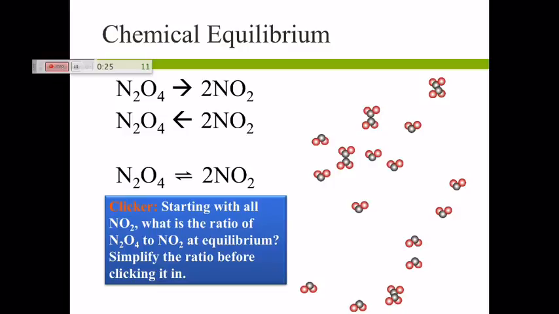So this one we started with all NO2. What do we get? Anyone could click it in? So based on the way that this reaction's written, what is our K? Alex, what's our K? What's our KEQ expression?